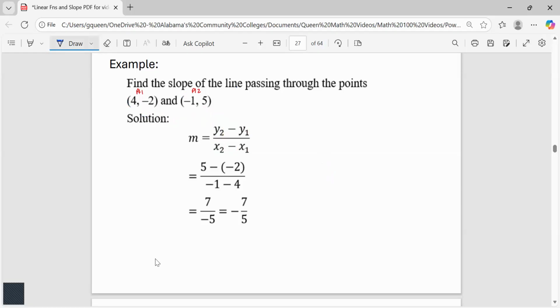Well, what would happen if they had them in the reverse order? What if they had written the -1, 5 point first and the 4, -2 point second? Then this would be point 1 and this would be point 2. The question is, does that matter? Does the order of the 2 points matter? Will it change our answer?